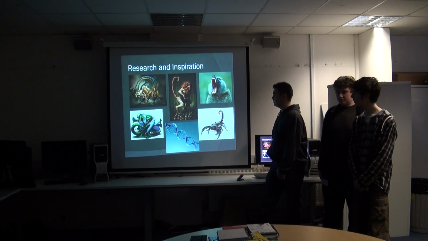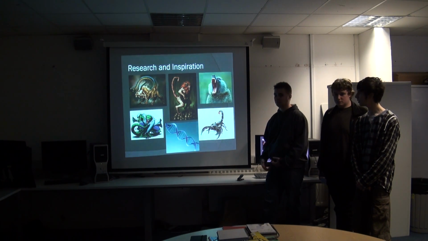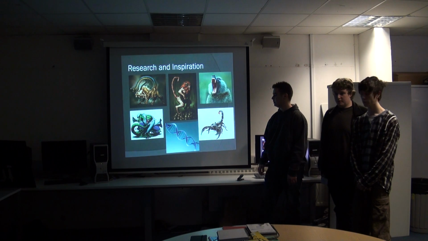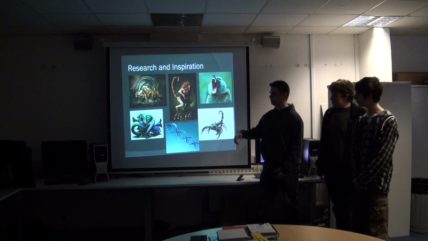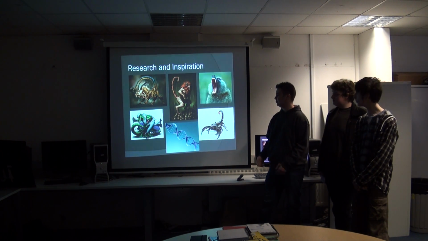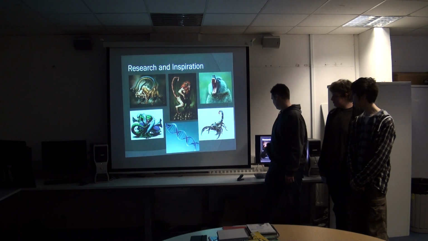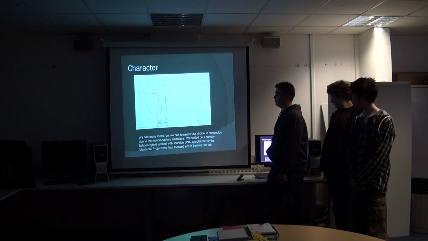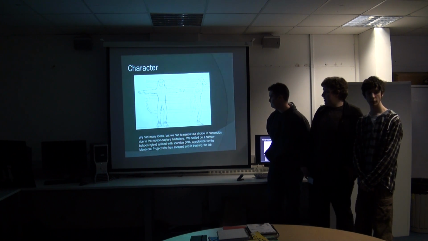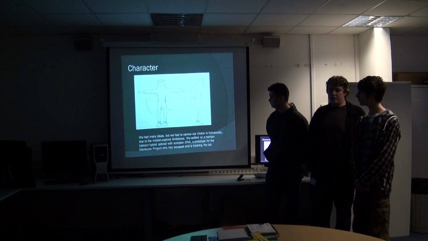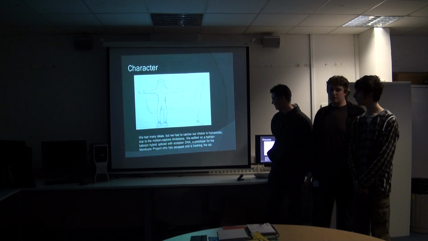This is some research. Because it's a lab, we thought of doing an experiment that went wrong. So that's why we thought of the lizard over there, and then we thought of combining animals together. So we looked at chimeras and manticores and stuff. You'll see why this is relevant in a second with the character. We went for a design similar to a baboon monkey that had been mixed with a scorpion.